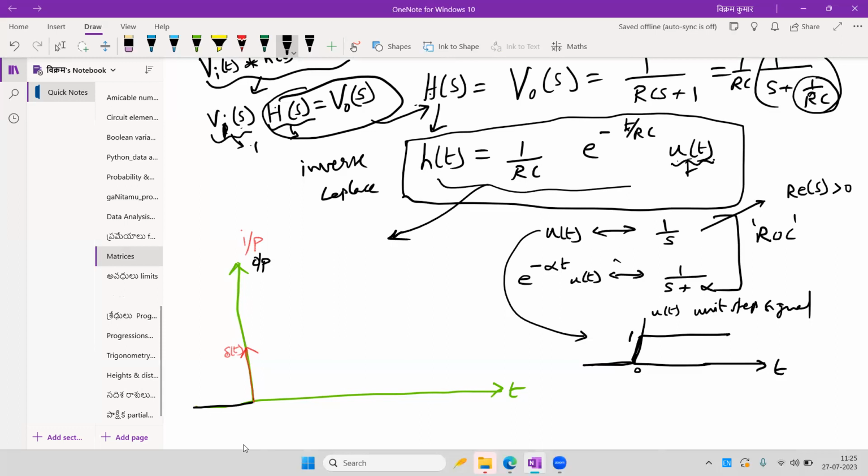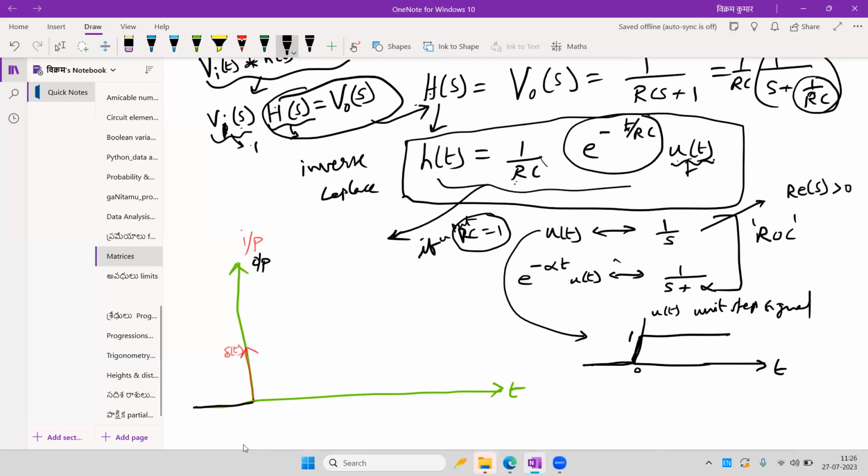If you put t equal to 0, this will become e^0, that is 1, so you simply get 1/RC. For easiness, you can put RC equal to 1 also, not compulsory. If you put RC equal to 1, which is the time constant, the whole thing becomes simply e^(-t) u(t).